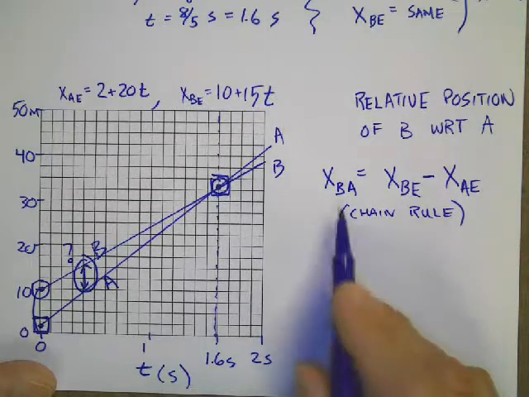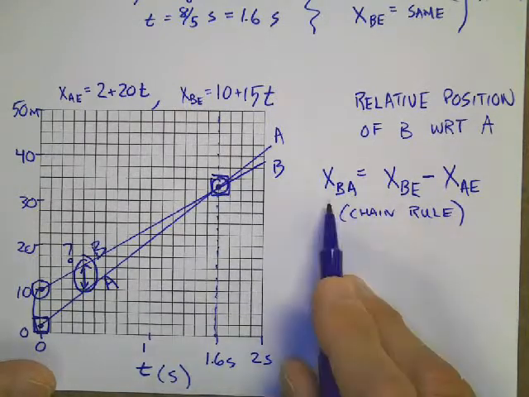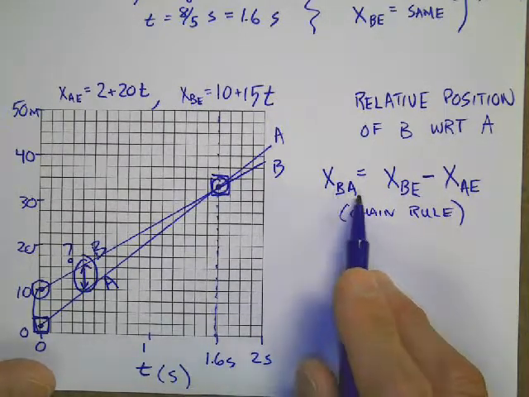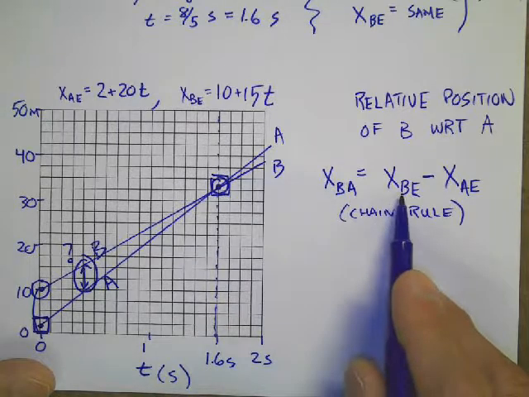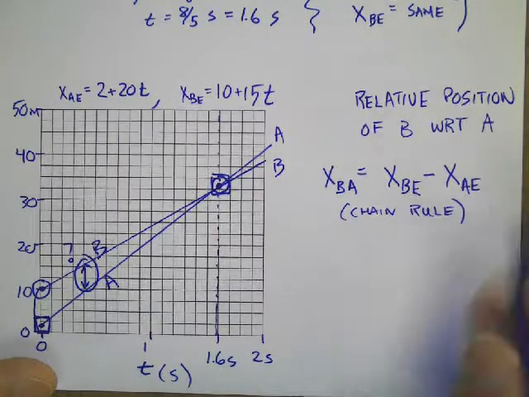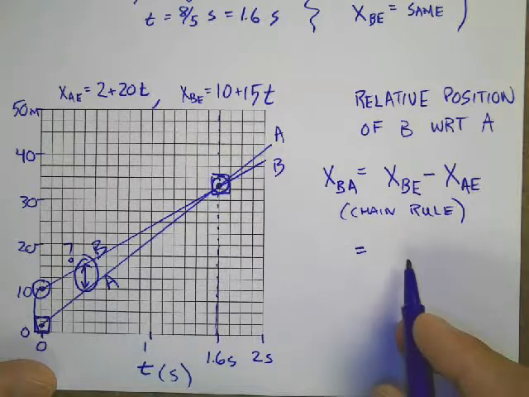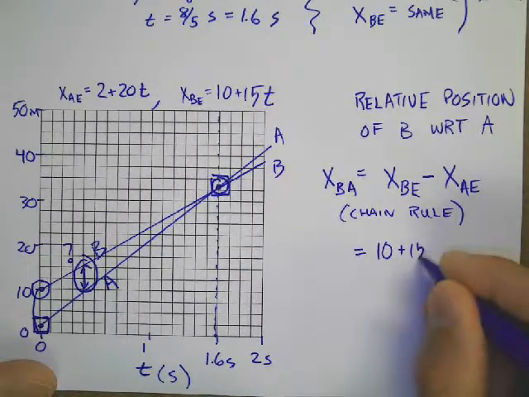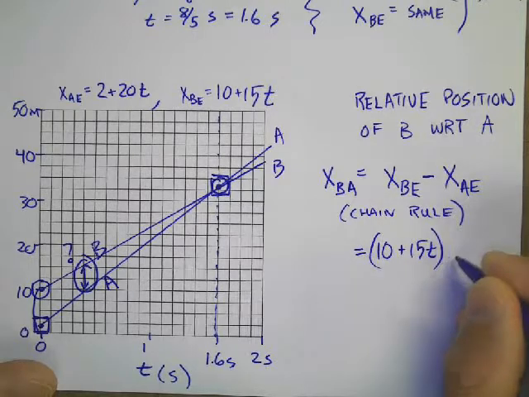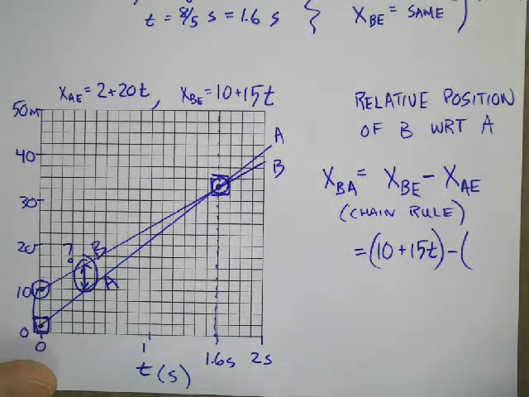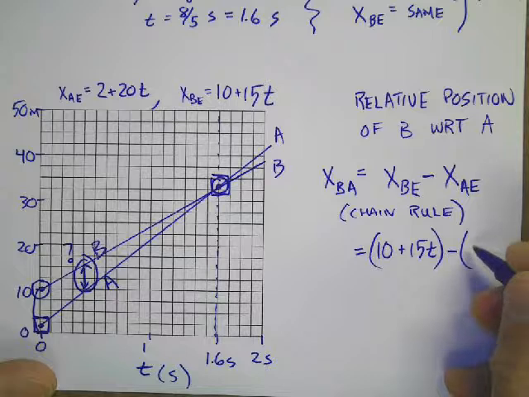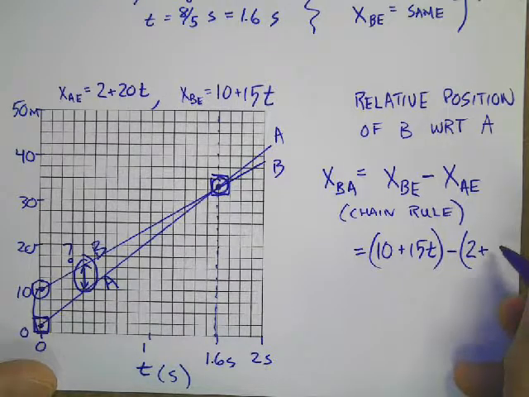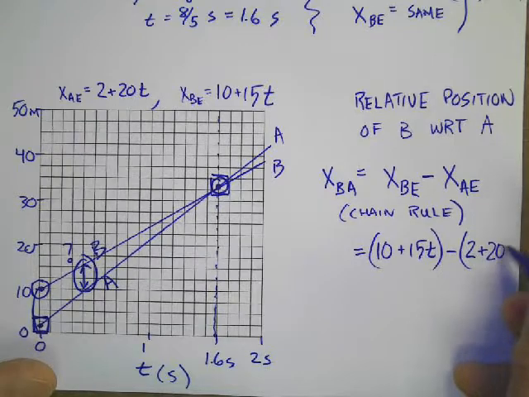It's similar to the way we've defined the delta before, but for B with respect to A, you have to do B with respect to the Earth minus A with respect to the Earth. So let's write that out. B with respect to the Earth is 10 plus 15t minus A with respect to the Earth, which is 2 plus 20t.